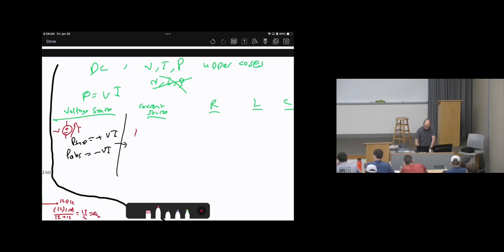But keep in mind, in our notation, if we guarantee the current is leaving the positive polarity of the voltage, then it will be the same.